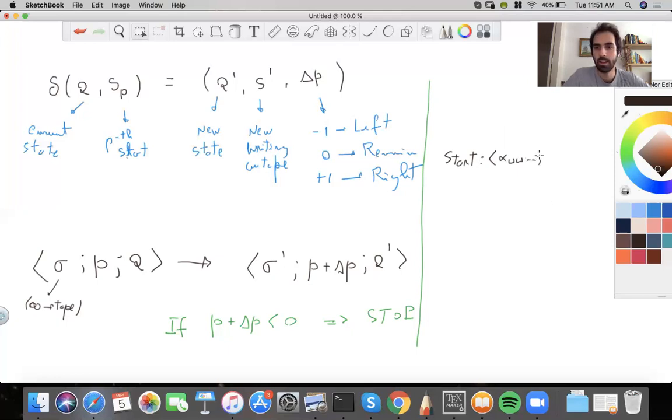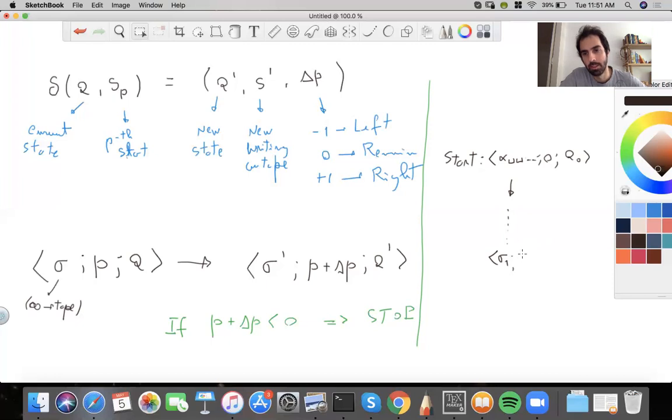You are at the 0th slot and you are at the state Q0, which is the initial state, and then the computation starts. At some point you end up in a state with a tape written, a string of alphabet characters, sigma 1.